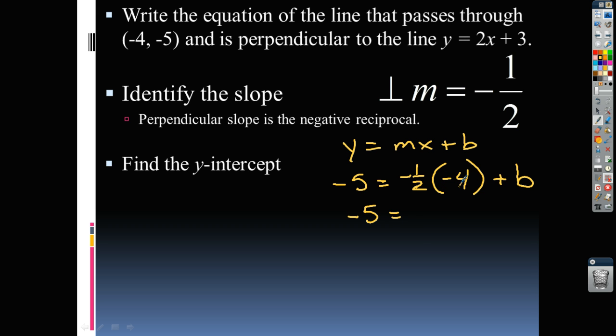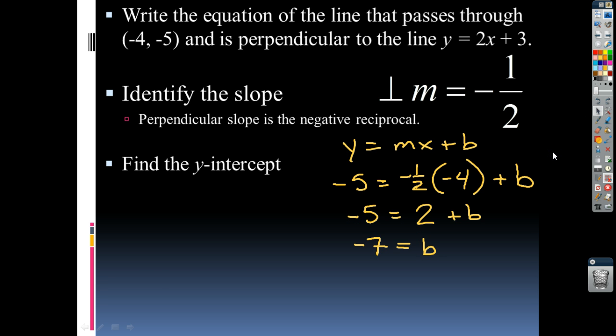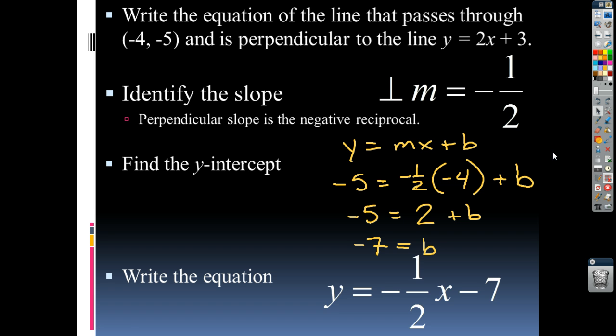That would be 2, and it's going to be a positive, so I get 2 plus b. So b is equal to negative 7. Subtract 2 from both sides. Then plug that back into our original equation, and I get y equals negative 1/2 x minus 7. And that's going to be a perpendicular line there.